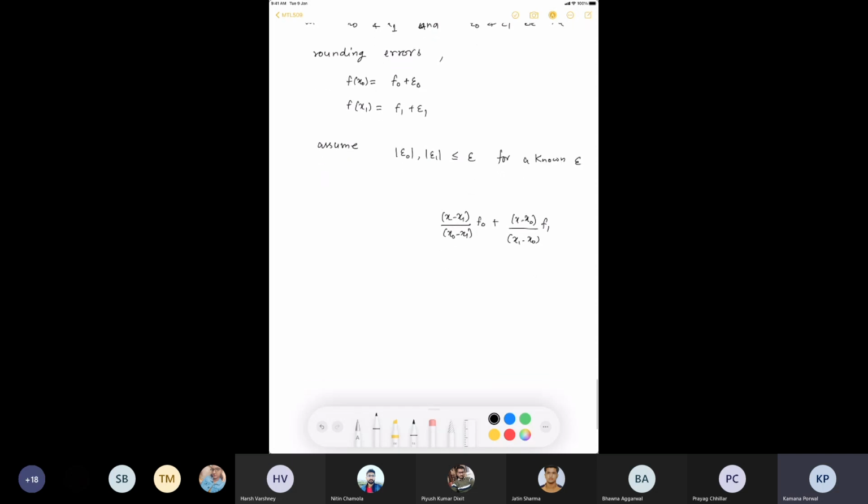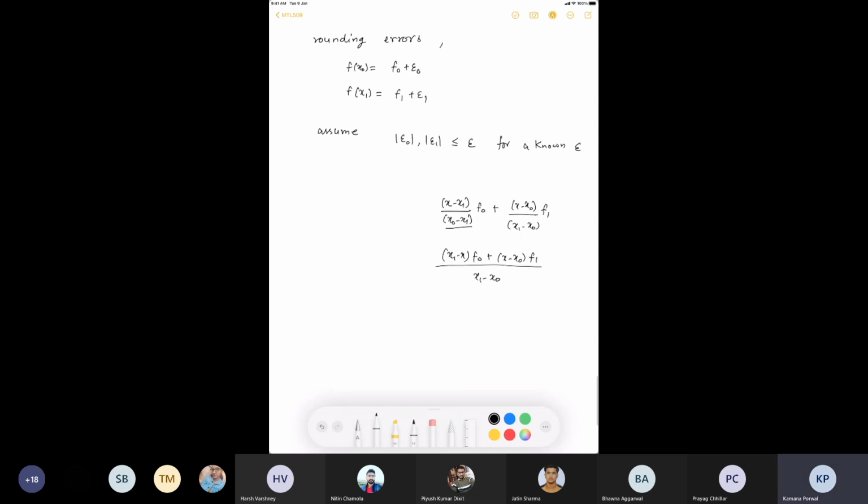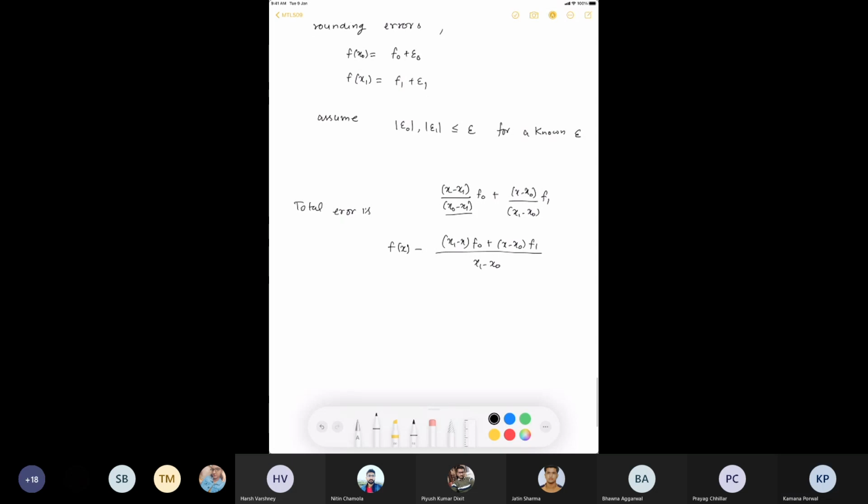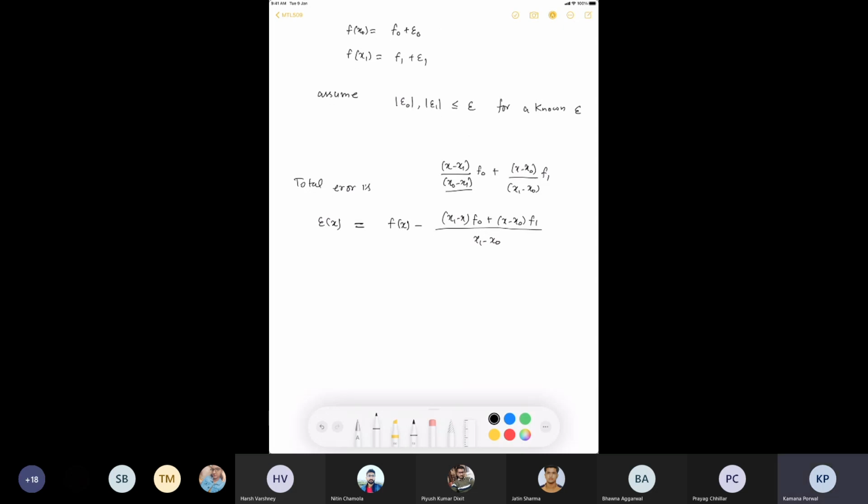Or I can just take out the minus sign here. So I can write this as (x1 minus x) into f0 plus (x minus x0) into f1, divided by (x1 minus x0). So if I see the total error, this will be f(x) minus this quantity. So let's call it E(x) here.